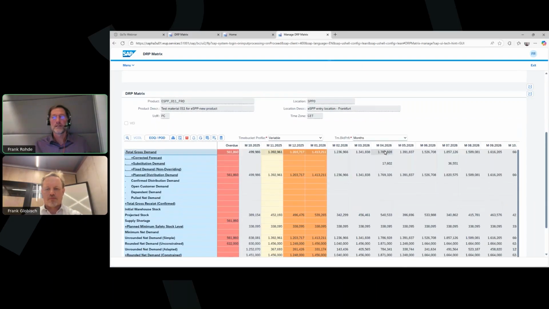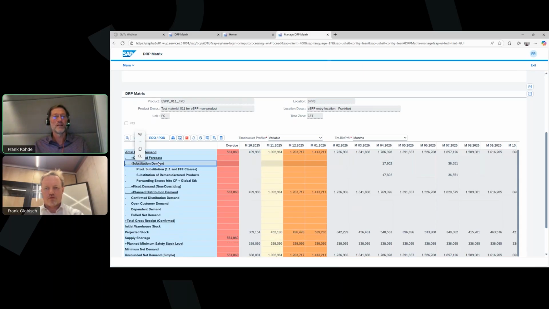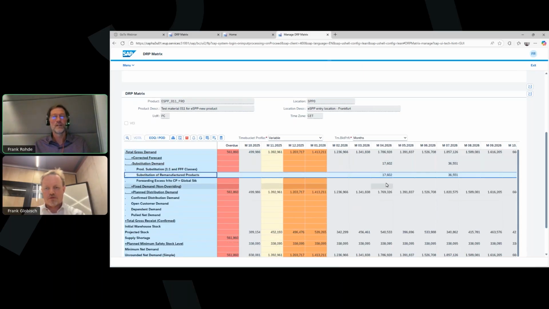If we open up the demand, oh yeah, I do see it in April as well. So here on the successor product, we see that we have an overall demand for that product, and some bits of the demand in those months are not coming from the demand for that product. That demand is coming via a substitution order, because we cannot fulfill the demand for the remanufactured product by remanufacturing. We need to procure some bits and bytes of that demand via the new product. And that is exactly what the system is showing us here.